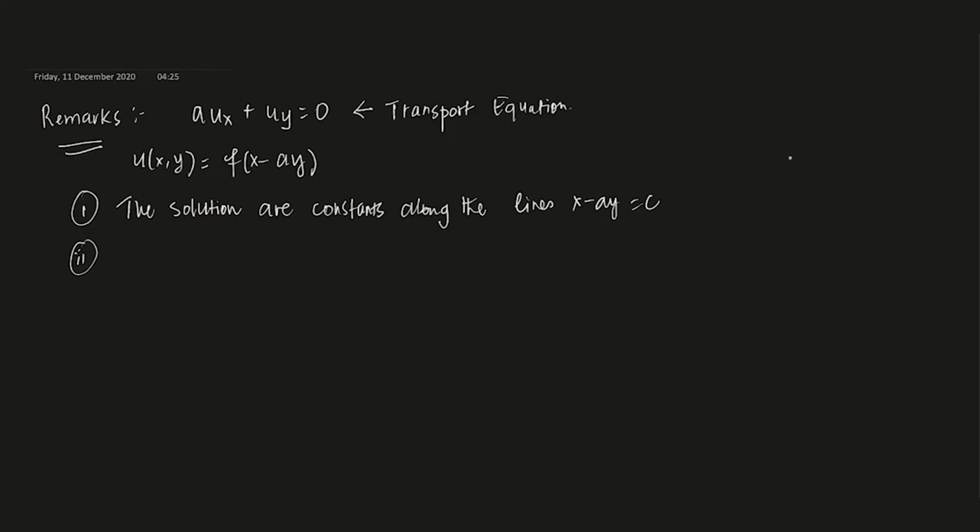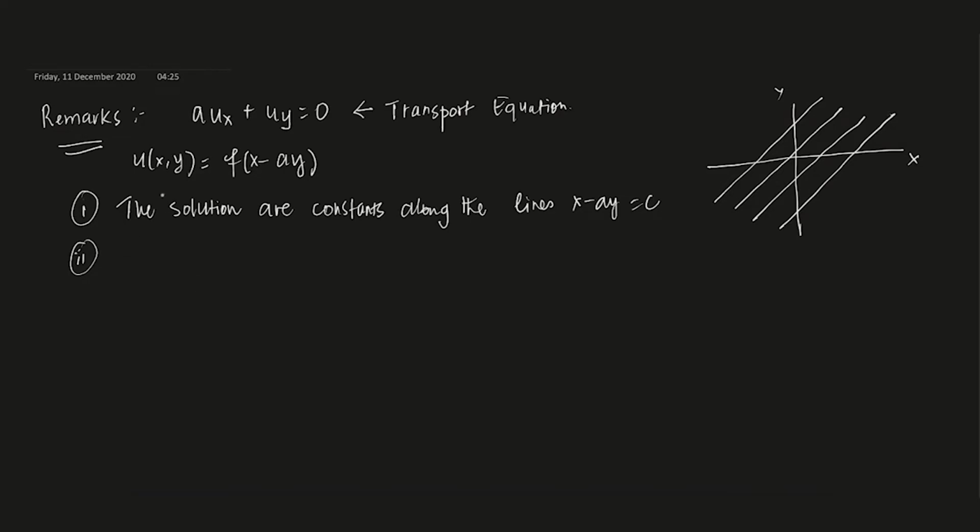See, what is happening here is this. As I have explained, let us look at the characteristic lines. So in R2, this is your x-axis, this is your y-axis, and let's draw some characteristic lines here. Now, why are they called transport equations?